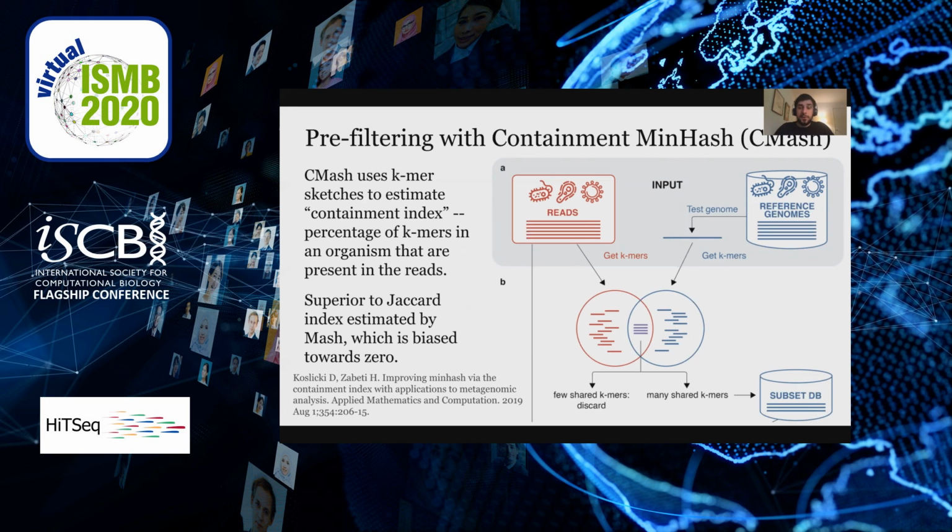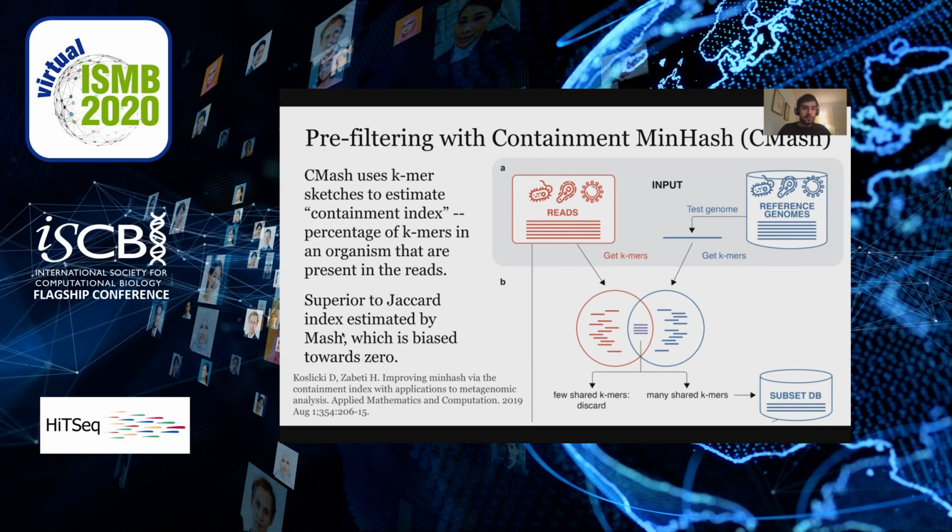First step is pre-filtering with containment min-hash, which we call SMASH for short. SMASH uses k-mer sketches to estimate what's called the containment index, which you can think of as the percentage of k-mers in an organism that are also present in the reads.